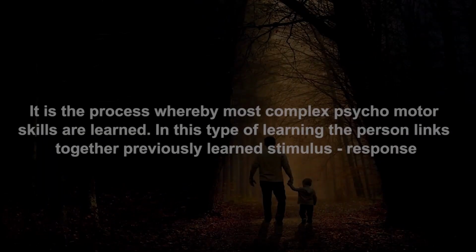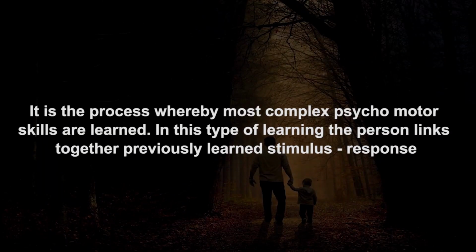When we want to learn a particular task which contains a lot of processes, we use chaining. It is the process whereby most complex psychomotor skills are learned. In this type of learning, the person links together previously learned stimulus responses.